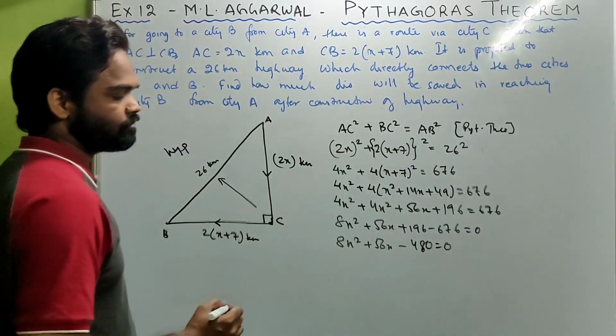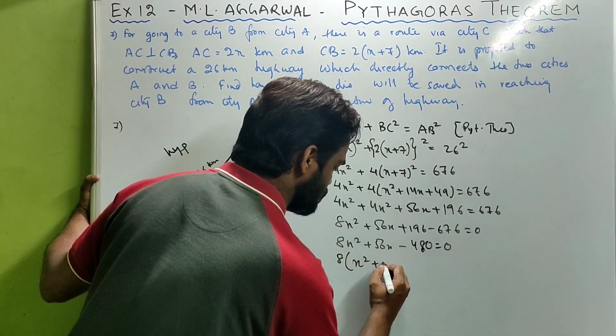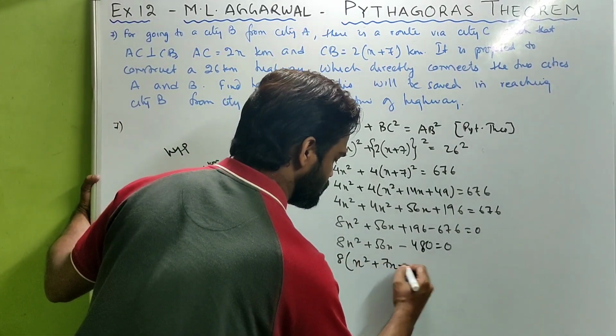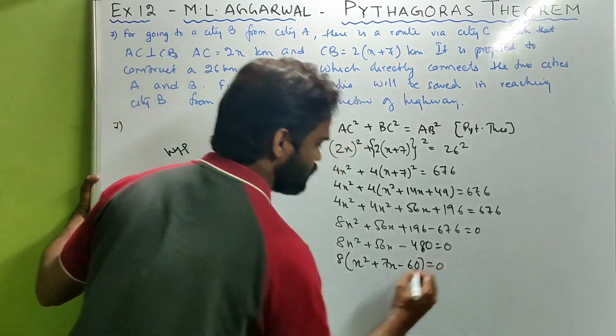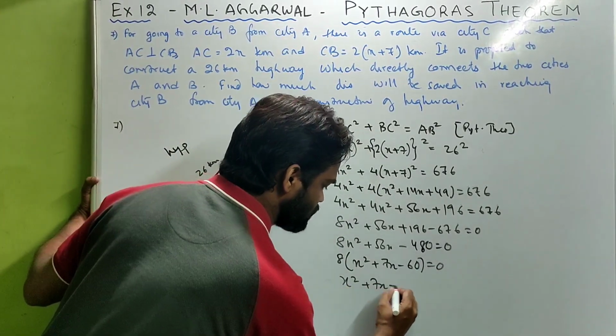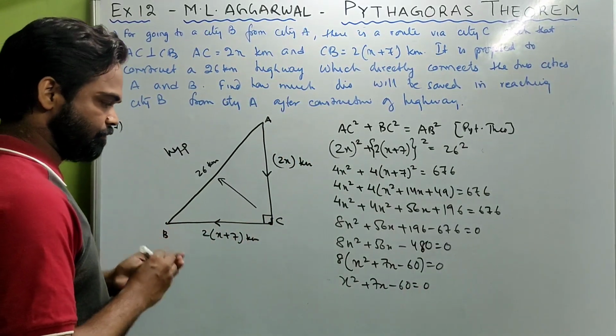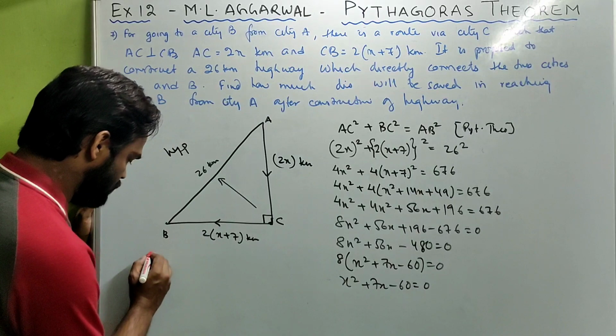Take 8 common. So 8x square plus 8 sevens are 56x minus 8 sixes are 48. So the equation becomes x square plus 7x minus 60 equals 0. We'll factorize it by splitting the middle term, as we have done before.